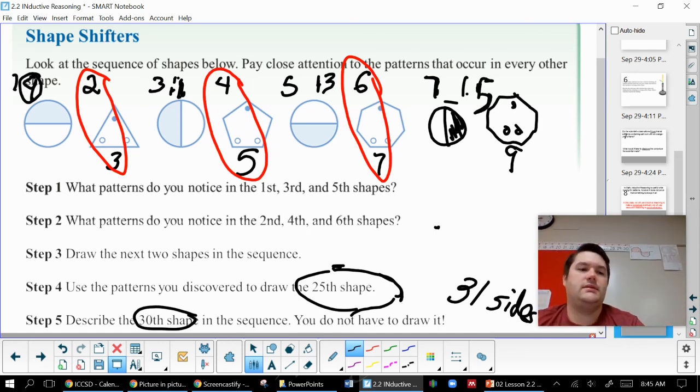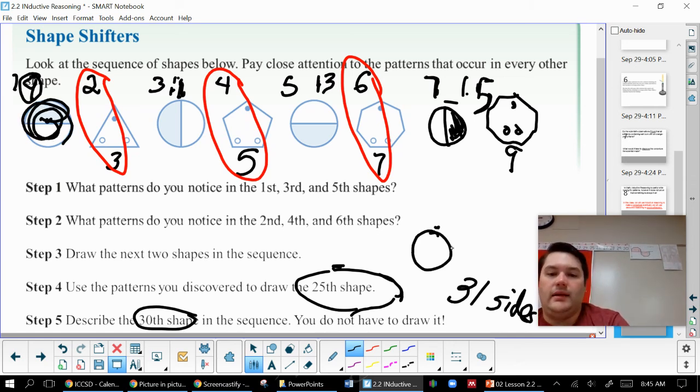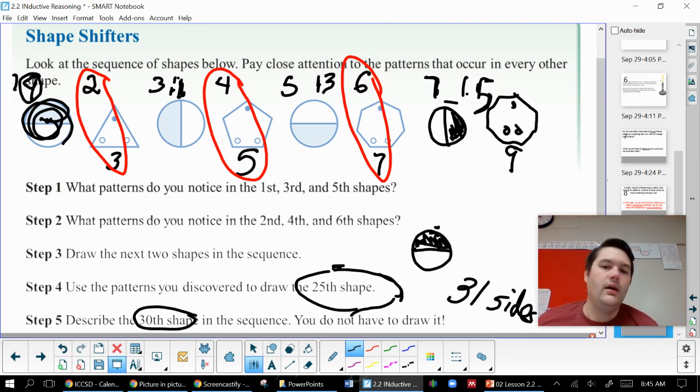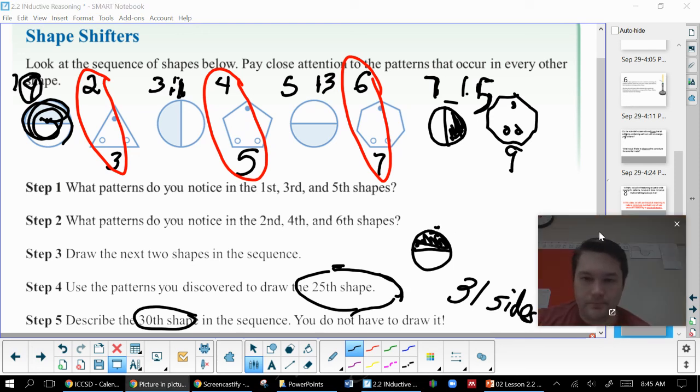Then we go back 17, 19, 21, 23, and right back to where we started, 25. So the 25th shape looks exactly like the first one. And there's some extra math hiding in there if you really wanted to dig into it. But noticing that pattern again, that this thing just repeats over and over again, because every 4 times you turn it, you end up exactly back where you started.